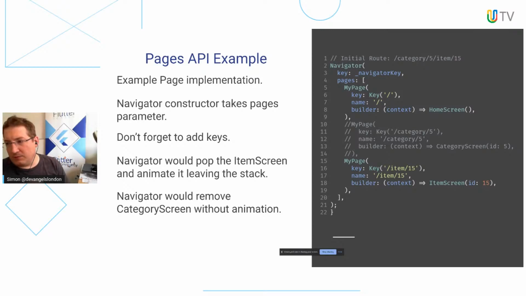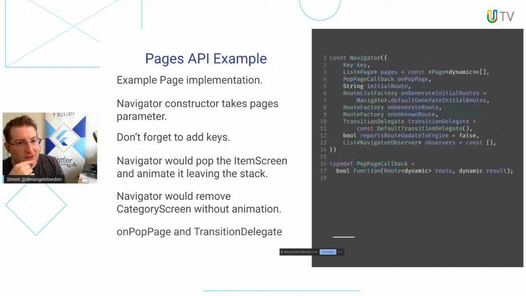But I think the question here is what happens when we take this to the next step, which is when the navigator pops, how do we remove the entry for item 15? So that's where there is a new constructor for Navigator, and again, this is in the stable branch right now, and we don't really care about any of these details for the old stuff, so we'll just comment those out there.